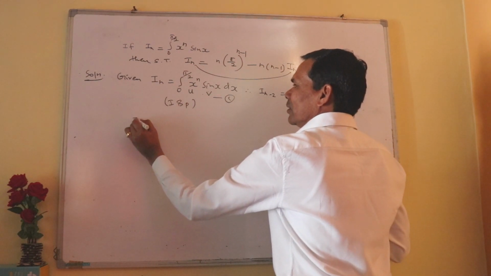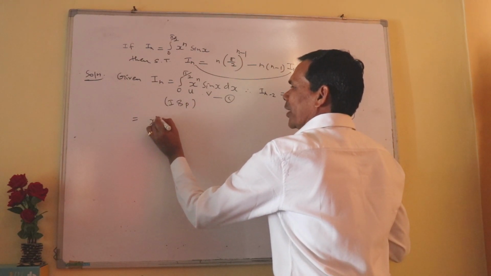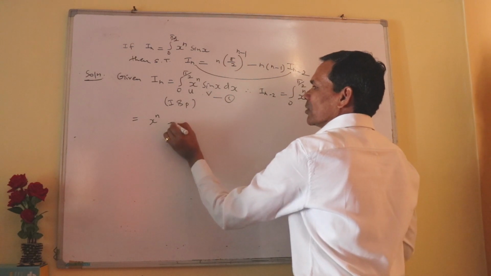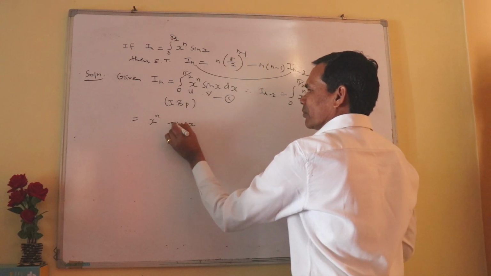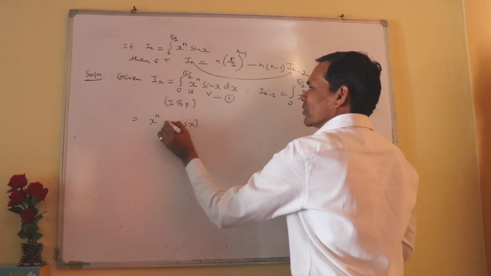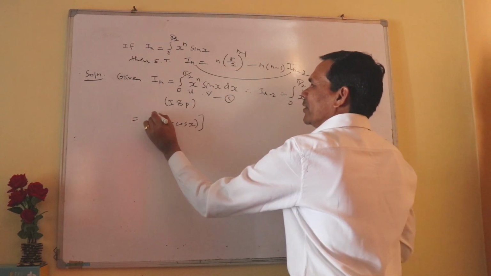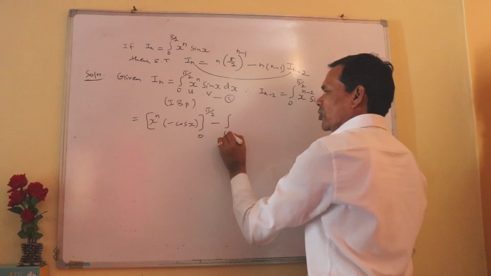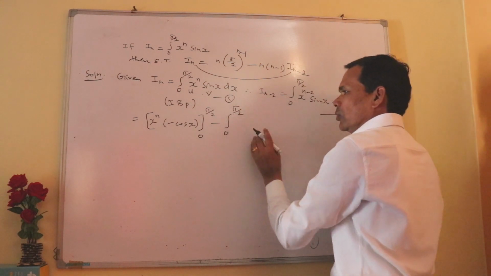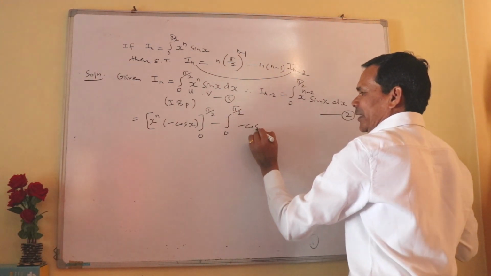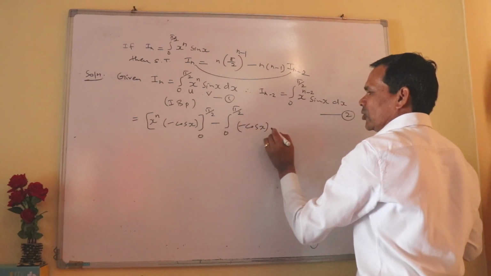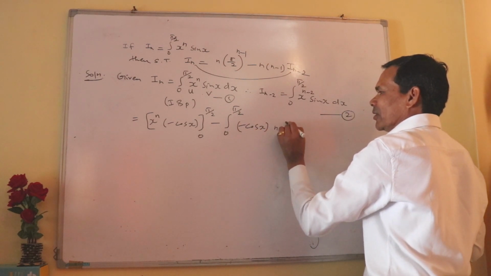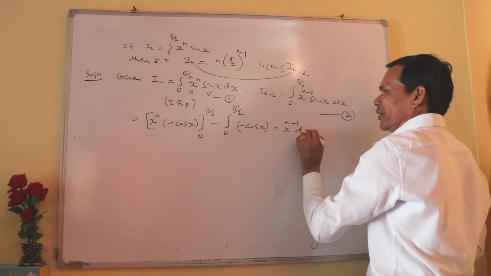This is equal to x raised to n times the integral of sin x, which is minus cos x, with limits 0 to pi by 2, minus the integral 0 to pi by 2 of minus cos x, the integrated function, times the differentiation of the first function, n x raised to n minus 1 dx.